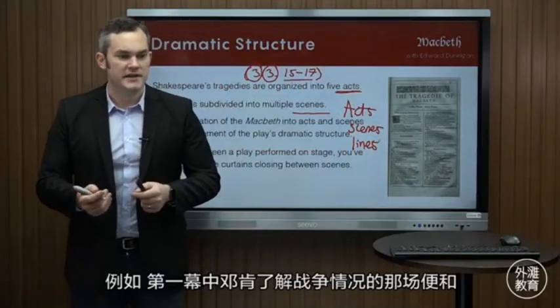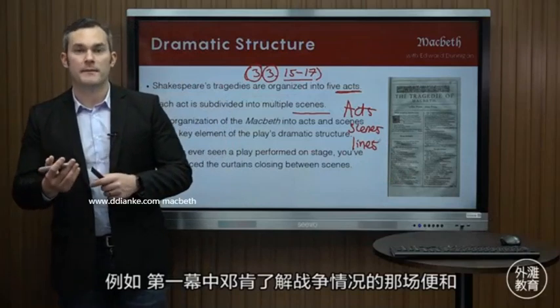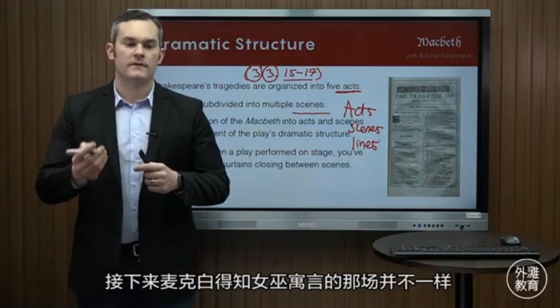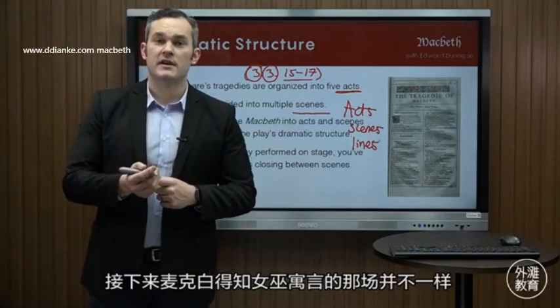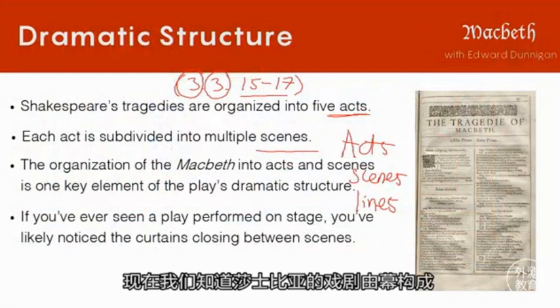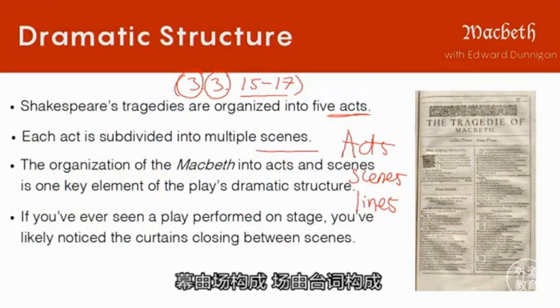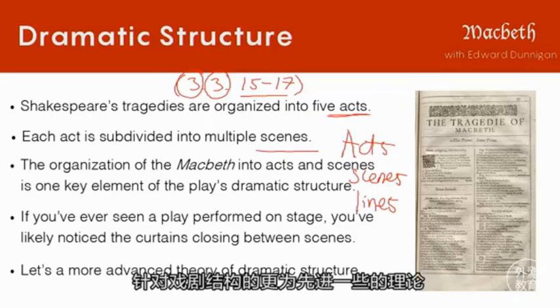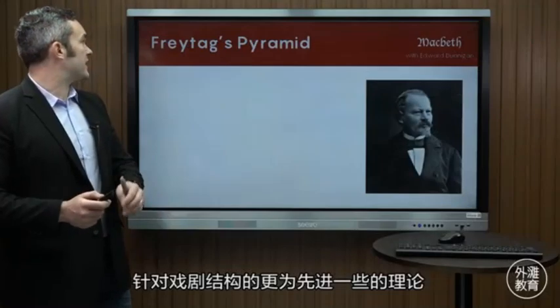For example, the scene of Duncan learning about the battle in Act 1 is different from the scene of Macbeth learning the prophecy from the witches in the subsequent scene. So now that we know that a Shakespearean drama is organized into acts, which in turn are organized into scenes, which in turn are organized into lines, let's proceed with a slightly more advanced theory of dramatic structure brought to us by German literary theorist Gustav Freytag.